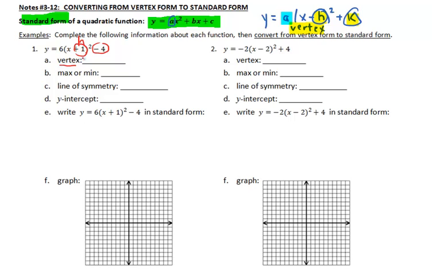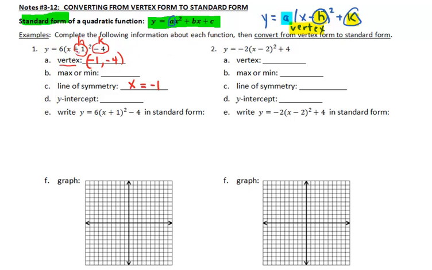Since it's positive 1, the opposite is negative 1. And then the negative 4 is our k, and since it's on the outside, we leave it negative 4. So there's our vertex, which also gives us our line of symmetry, or axis of symmetry. Remember, it's x equals whatever that h value was.